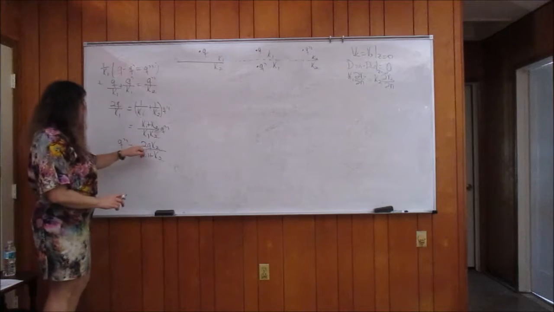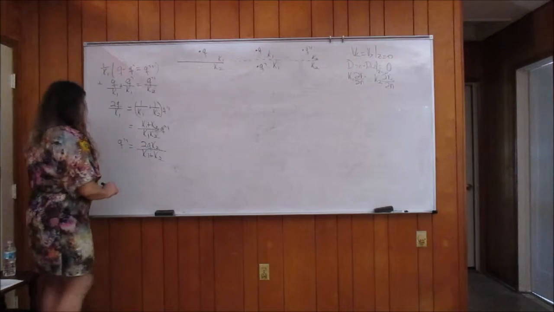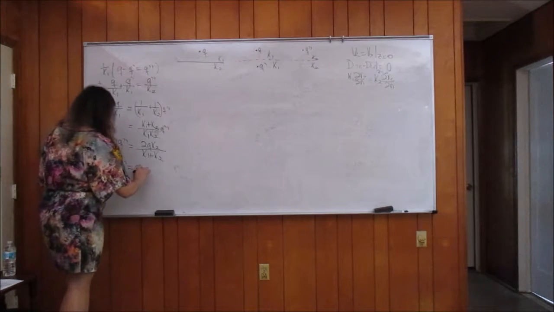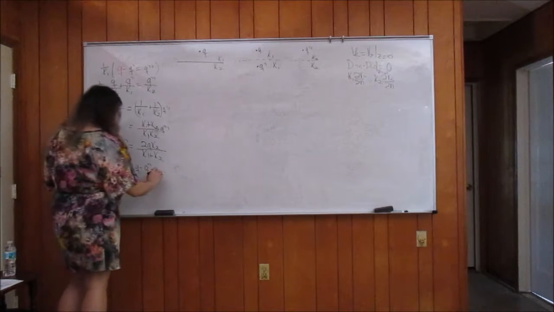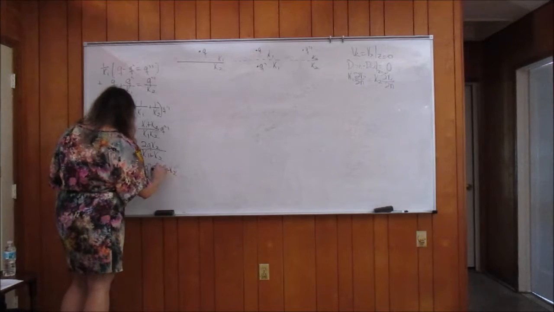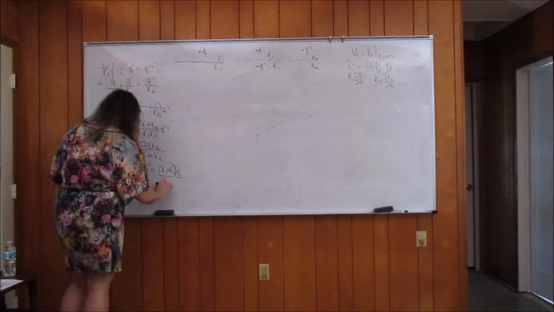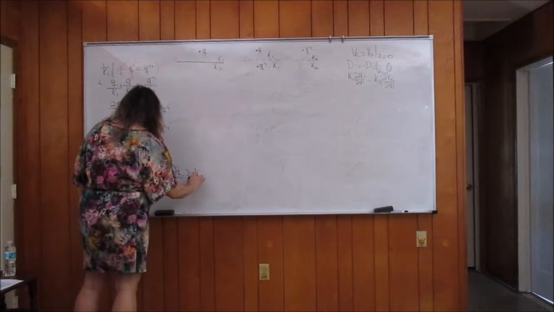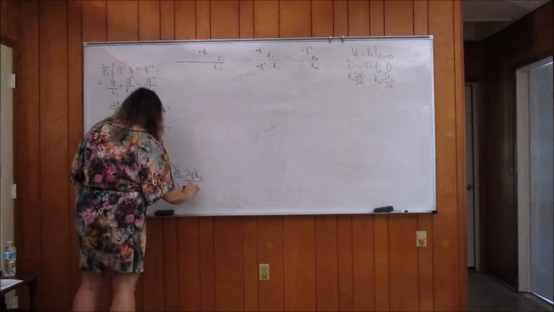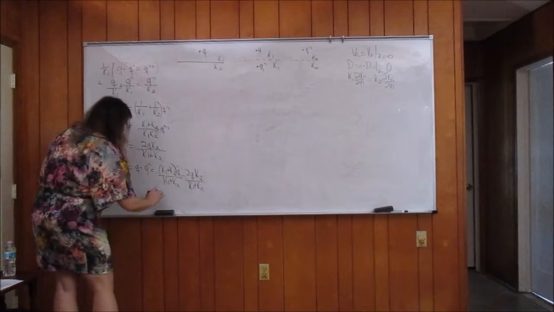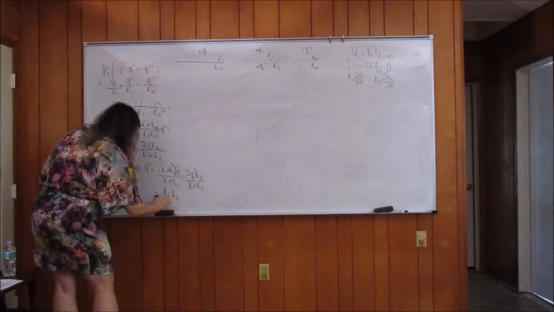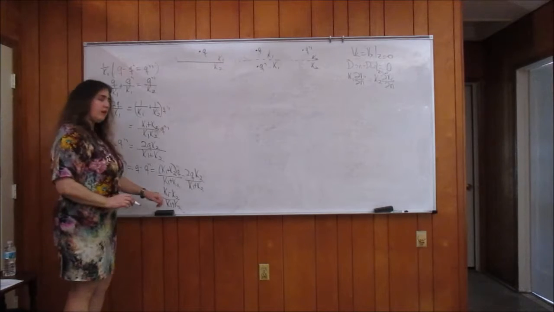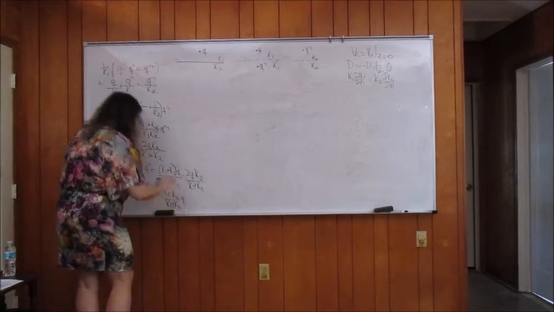Q double prime has magnitude of 2q k2 over k1 plus k2. Q prime is equal to q minus q double prime, and that's equal to k1 minus k2 over k1 plus k2 times q.